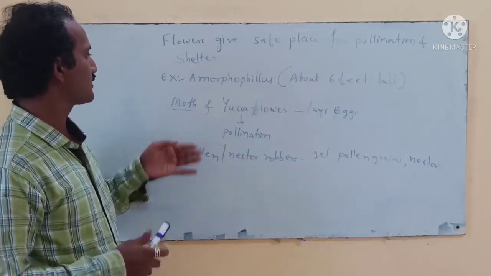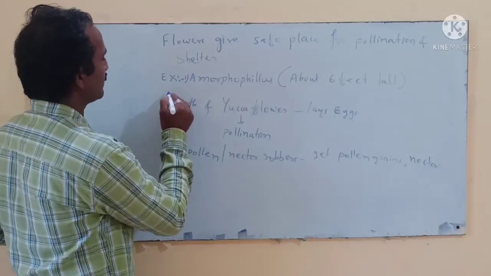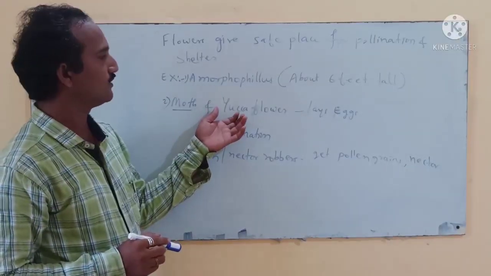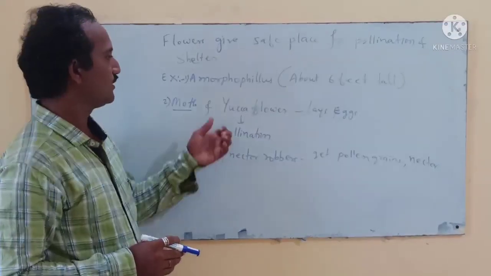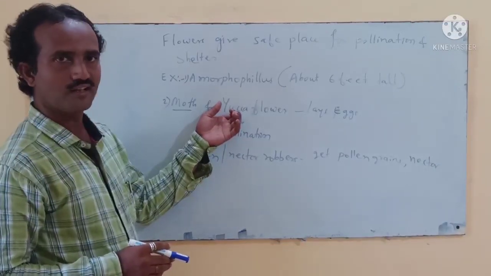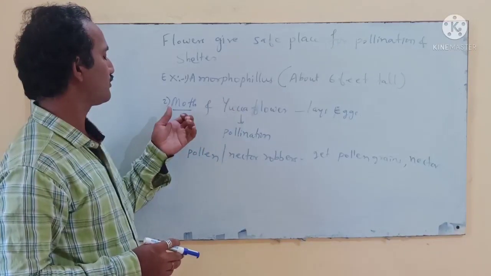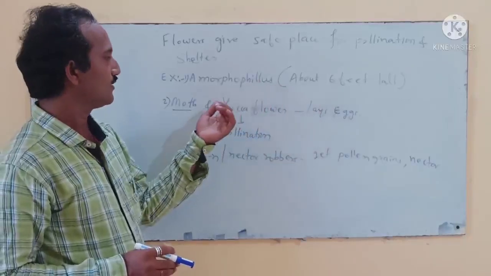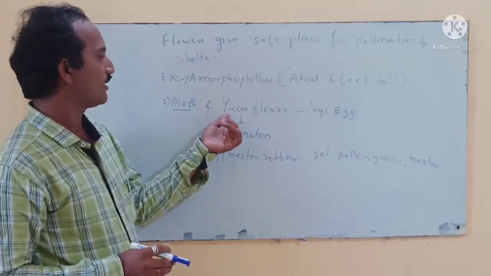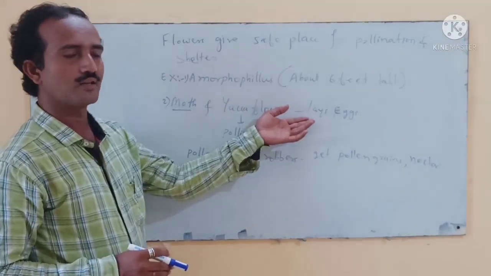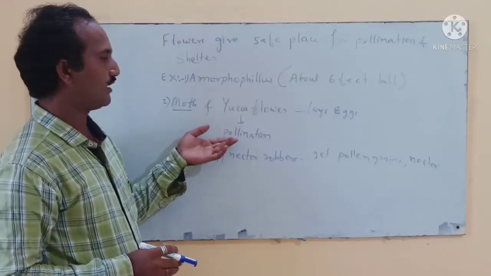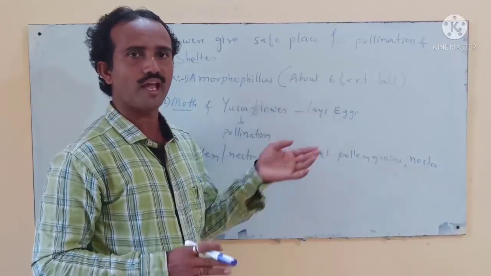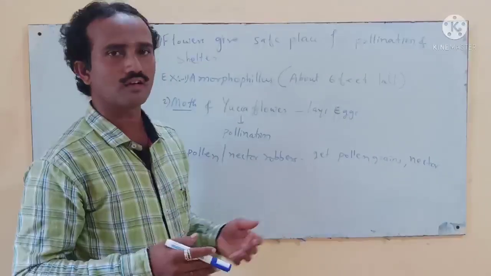This is one example. Another example is where the moth and yucca flower carry out the pollination. Yucca flower will give the shelter as well as the nectar to the moth, and the moth will lay the eggs inside the flower. After the laying of the eggs, the pollination takes place, and during the seed formation, these laid eggs will be hatched out and the larvae will come out.